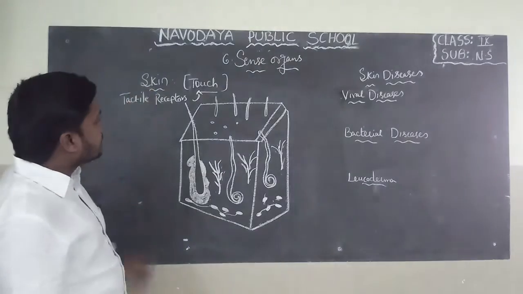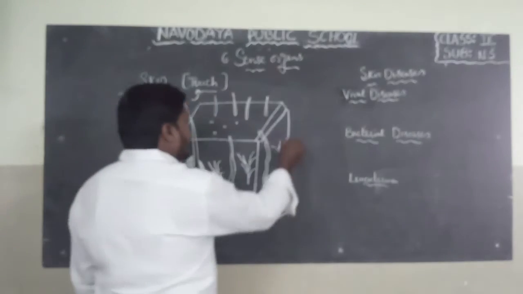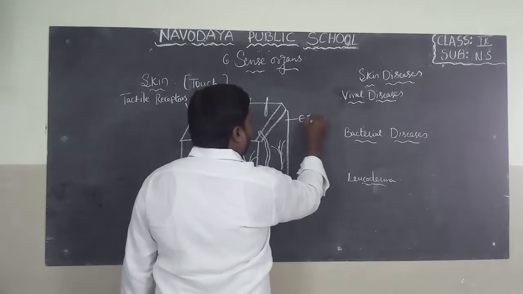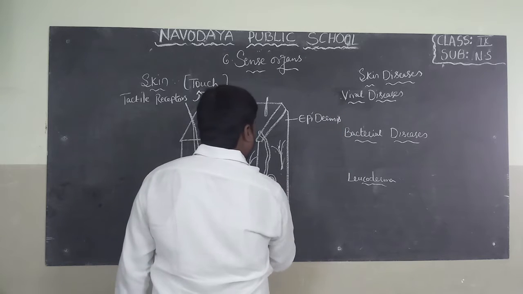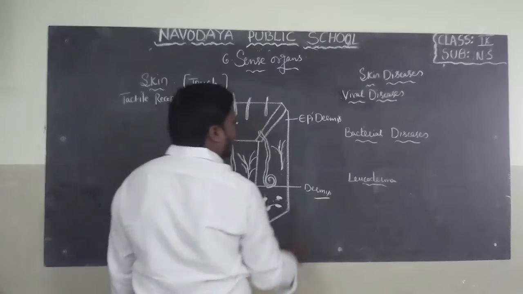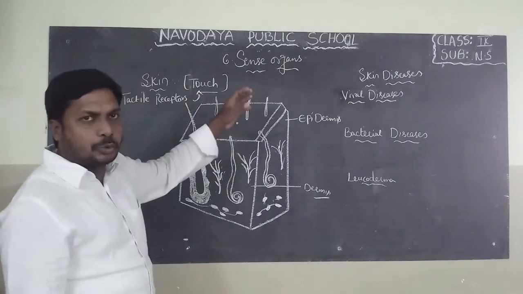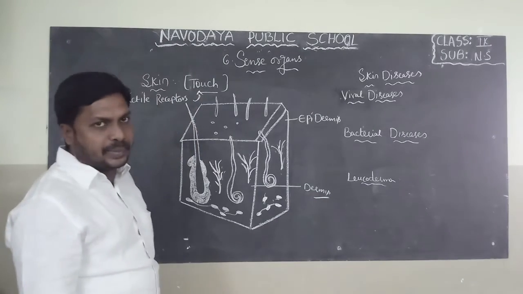So here in skin, if you observe, we can find majorly two parts: the upper part, epidermis, and the inner part, called dermis.